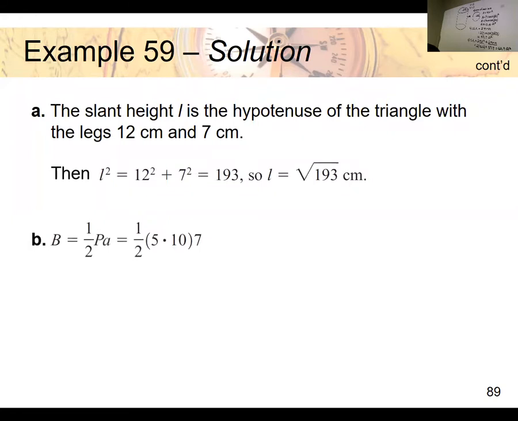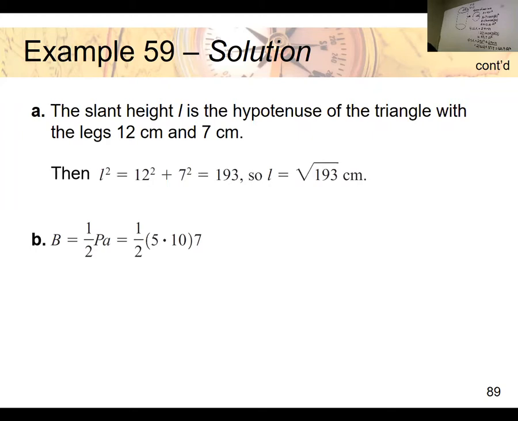And then they found the area of the base, which is of course 1/2 the perimeter times its apothem. And here in this case, the perimeter was 5 times 10, because the base of that pyramid is a pentagon, 5 sides.